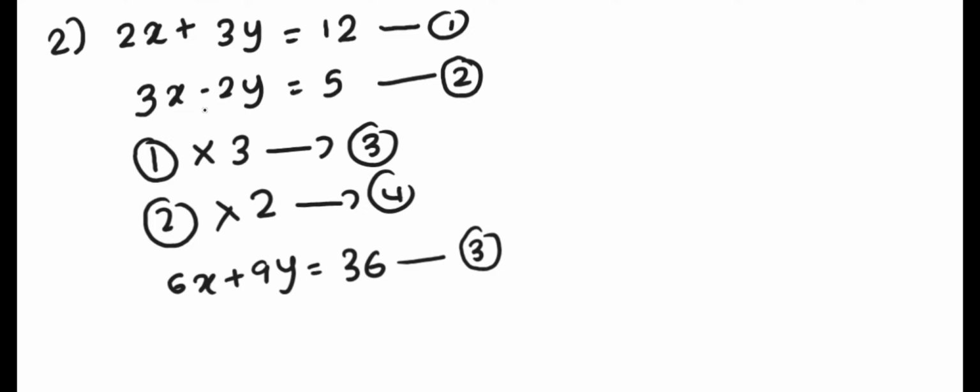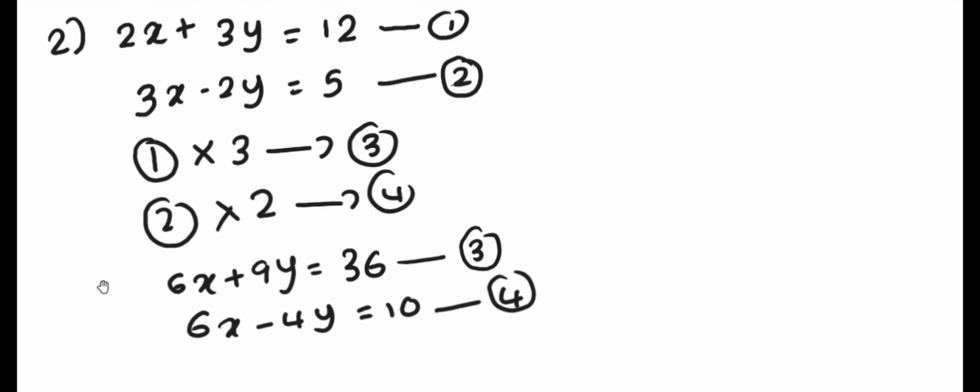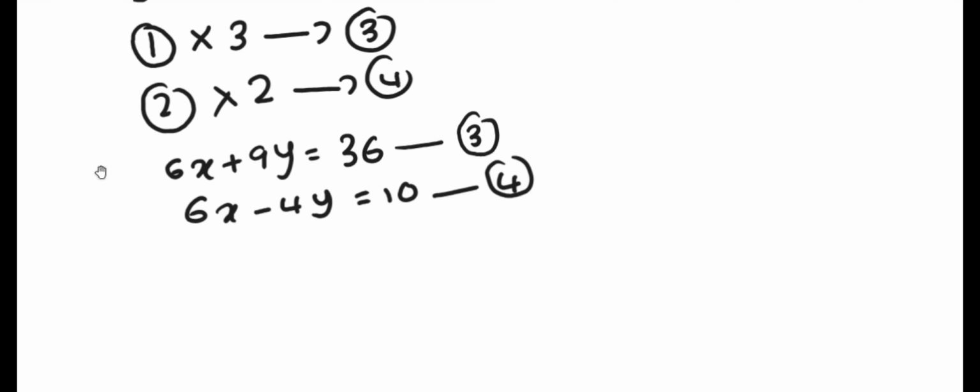What is the fourth equation? This must be multiplied by 2. 6x minus 4y equals 10 is our fourth equation. Now I have two equations whose coefficients are equal.